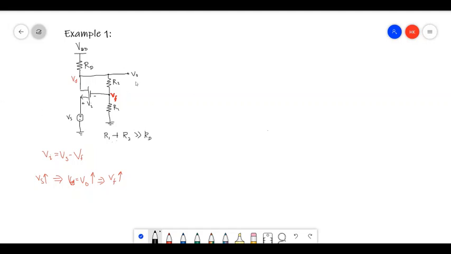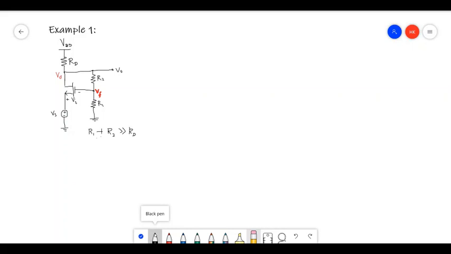So first of all, to work this problem out, let's draw the small signal model of this system. First of all, let's draw the small signal model of this amplifier. I'm going to draw the small signal model of the transistor.